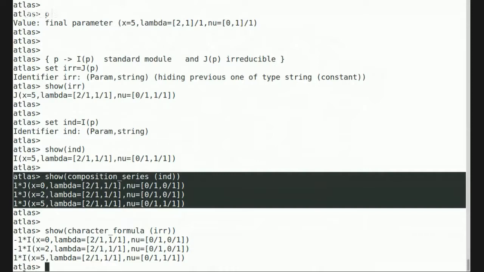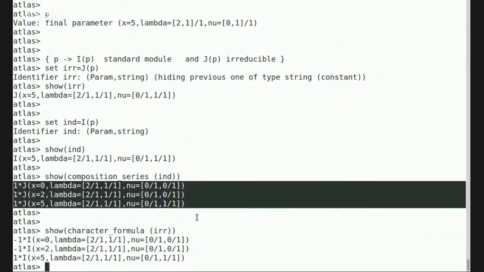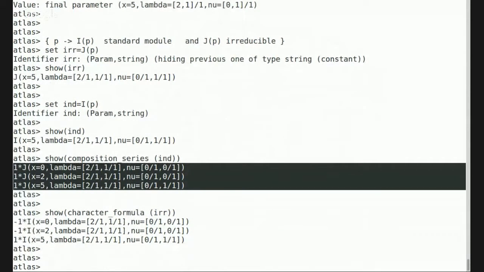And the coefficients have some negative signs. That's what happens in character formulas. When you have a composition series, they had all better be non-negative integers, and in a character formula, you're allowed to have pluses and minuses. Okay? So that shows you the 2 pictures of parameters, standards, and irreducibles.